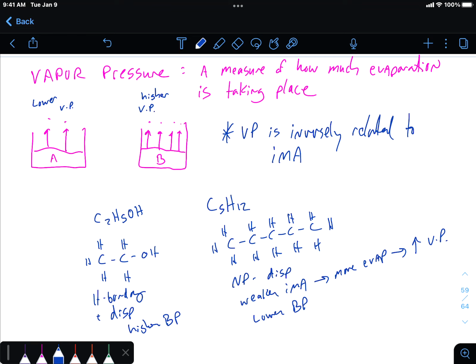The stronger the molecules are attracted to each other, the less vapor there will be. Does this term make sense? Vapor pressure? Okay. All right.